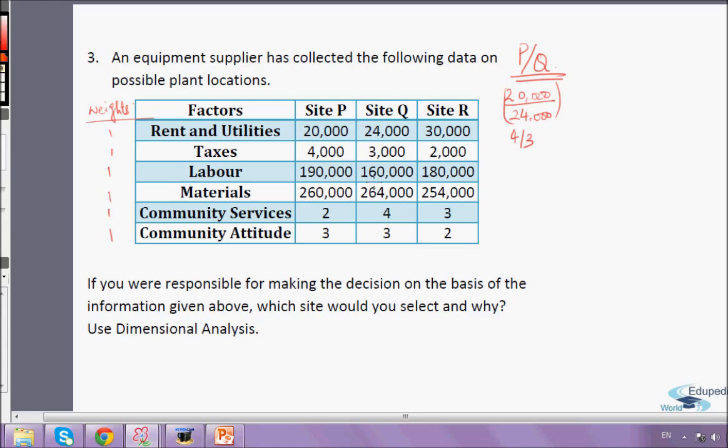Okay, so that will be written as, say, 19 over 16. The next will be 260,000 divided by 264,000. Let me write it as 260 by 264. Last is 2 by 4. Sorry, the second last, and finally the last one is 3 by 3, which is 1.